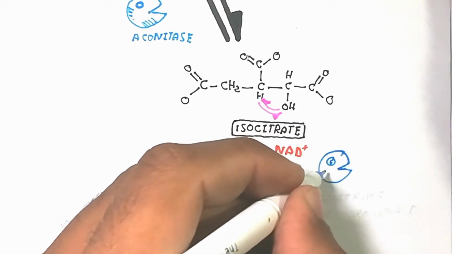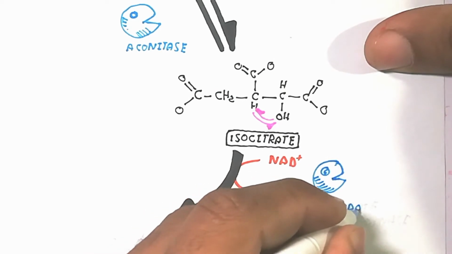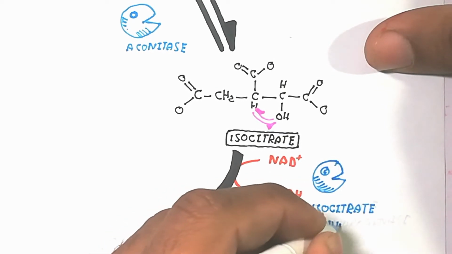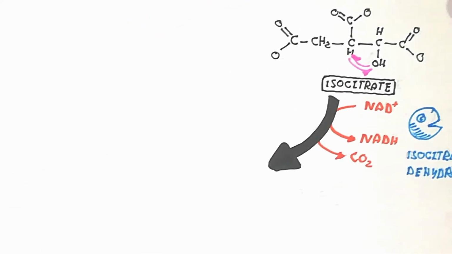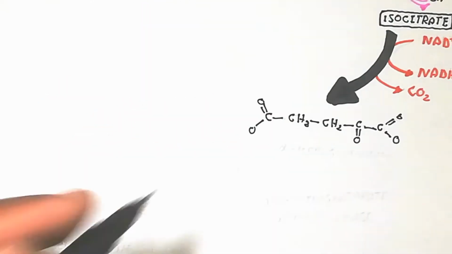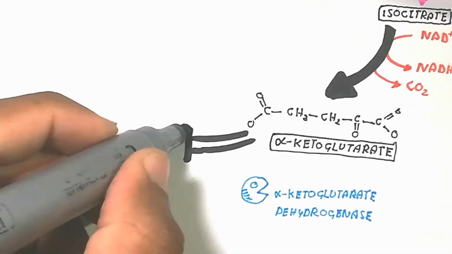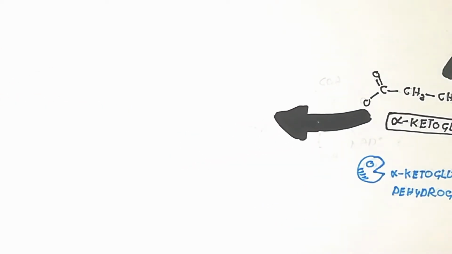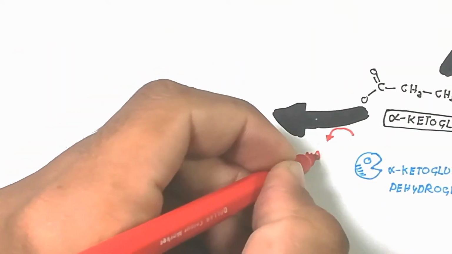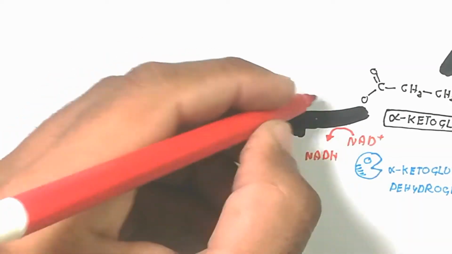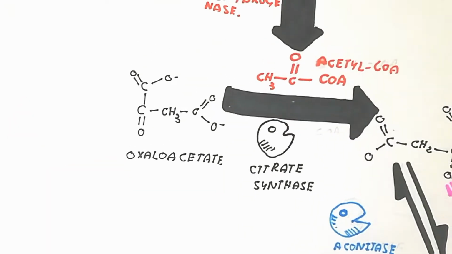So what is the enzyme used for the reduction? Here it is basically the isocitrate dehydrogenase enzyme. Why dehydrogenase? Because dehydrogenation occurs to release the hydrogen into NADH and carbon dioxide. So here alpha ketoglutarate will be produced, which is 4 carbon, and alpha ketoglutarate dehydrogenase again acts in the presence of CoA.